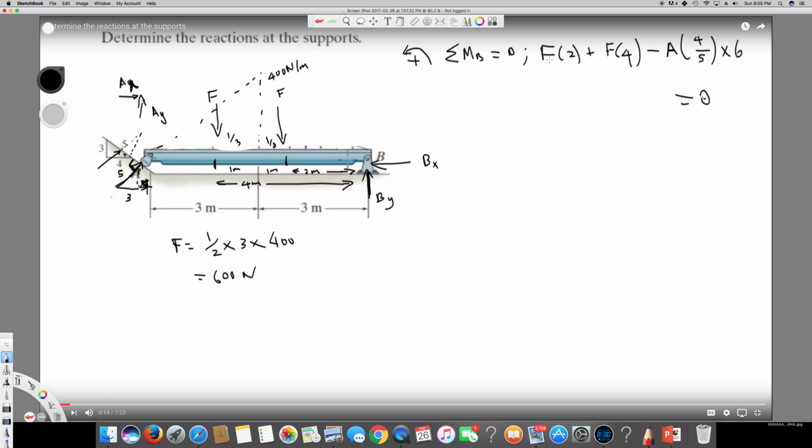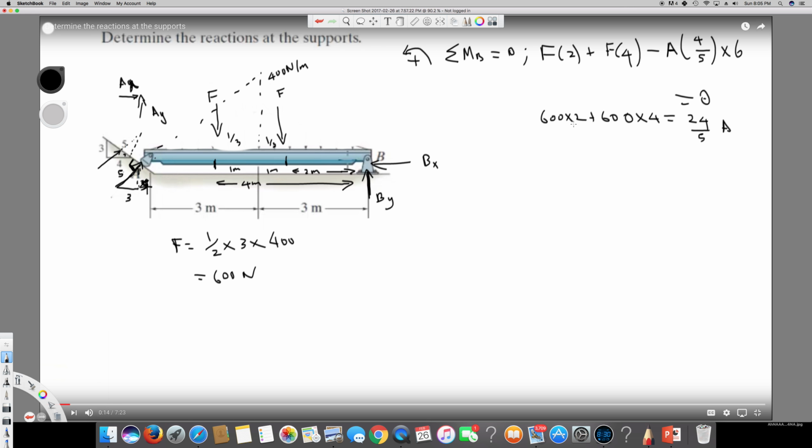So I have to apply this one here. It's going to be 600 times 2 plus 600 times 4 is equal to, I can equalize this to 6 times 4, which is going to be 24, 24 over 5A.